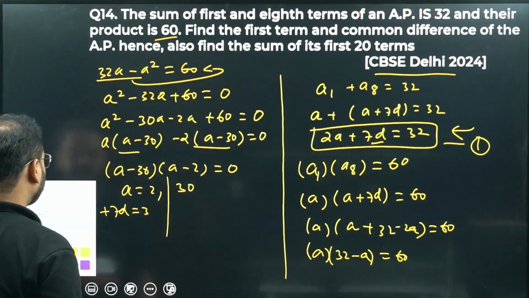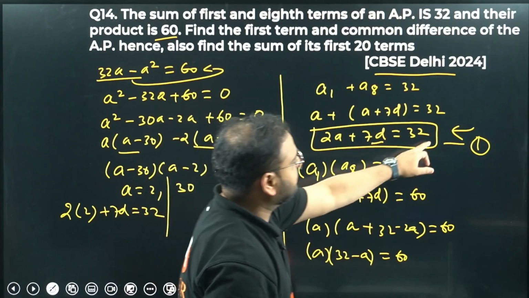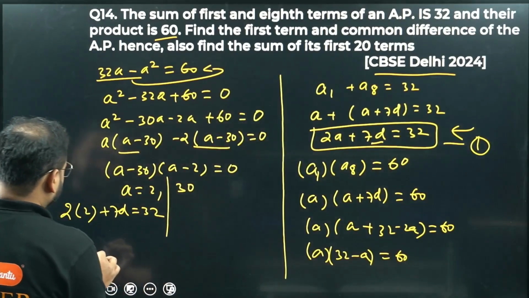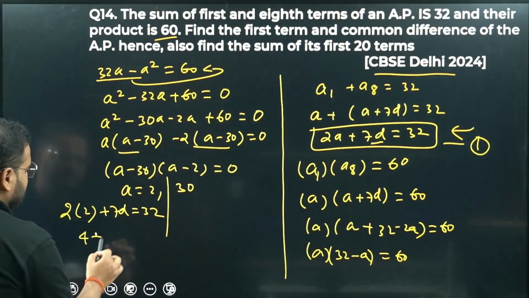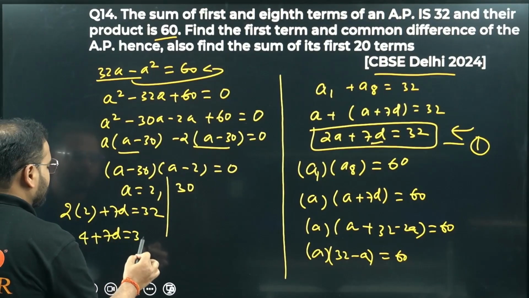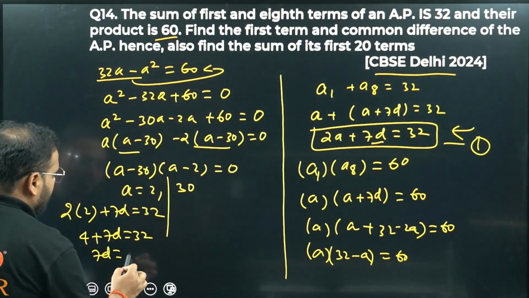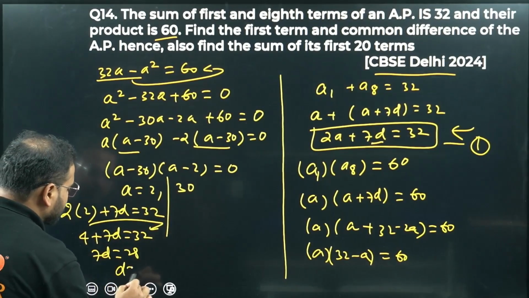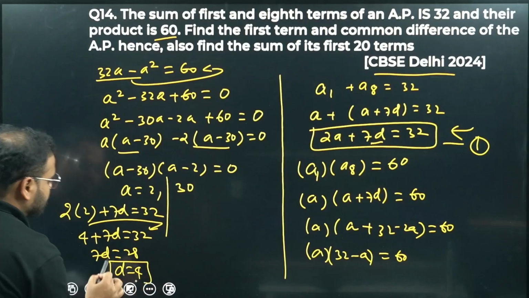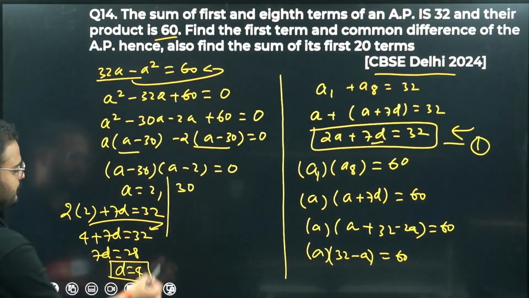Equation number 1 has 32 in it on the right hand side. Simple. What I'm getting, bachcha, please have a look. I'm getting this as 4 plus 7d is 32. So I get 7d equals to what? 28. Right now, bring this over here, 28. I get d equals to what, sir? 4. 28 by 7 is how much? 4, sir. So 4.